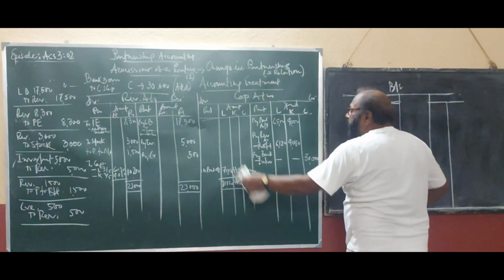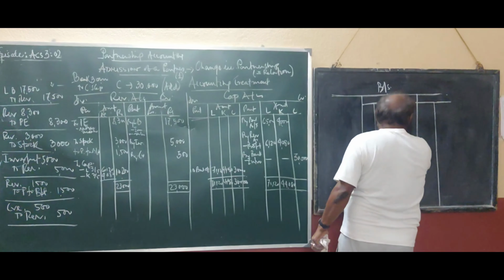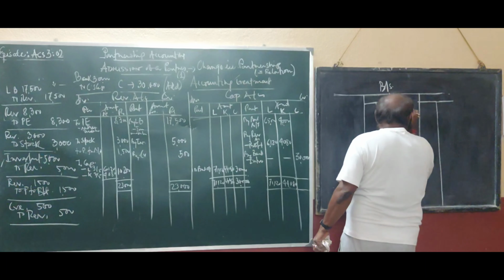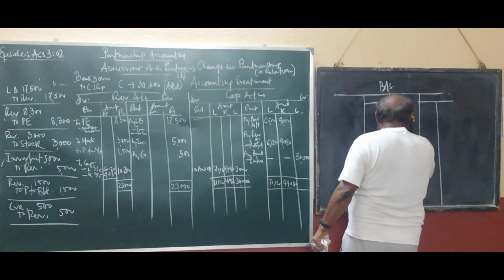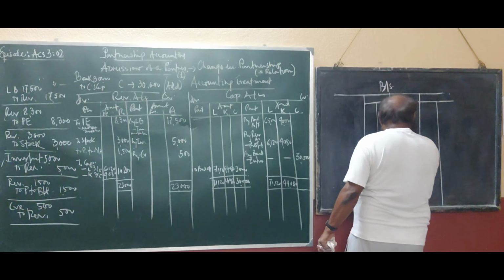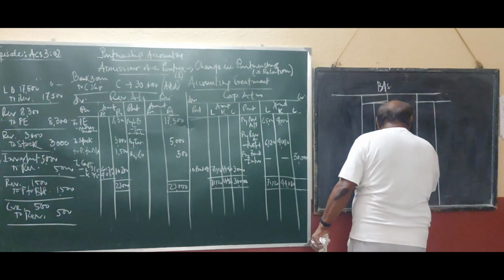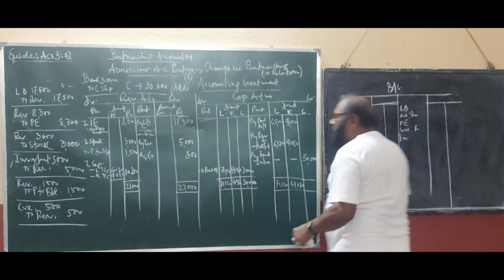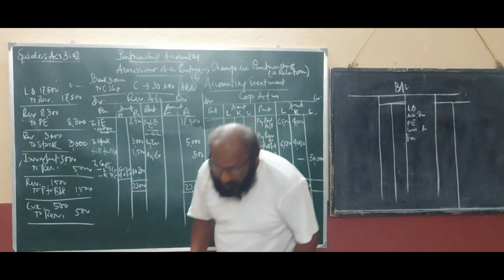बैलेंस शीट में क्या क्या आएगा अब देखते रहिए. लैंड एंड बिल्डिंग, ओके, ऐड एडिशन है, ओके. इंक्रीमेंट, ऐड इंक्रीमेंट. प्लांट एंड मशीनरी, प्लांट एंड इक्विपमेंट, लेस रिडक्शन. Third, investment, sorry, motor vehicle is one of them, no?